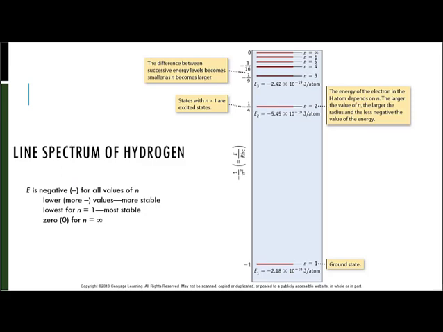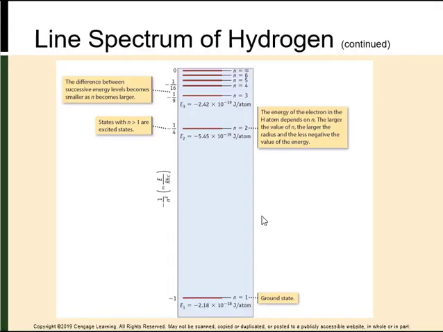So when an atom with its electrons in the lowest possible energy level is in its ground state, then the level defined by the quantum number is n equals 1. And when it is in an excited state, that means that n is greater than 1, so it has higher energy. This just shows us an example for hydrogen.